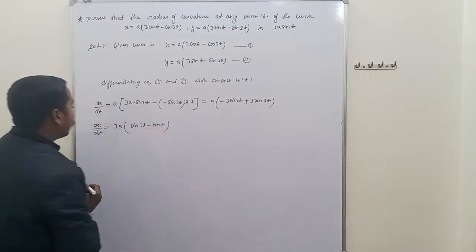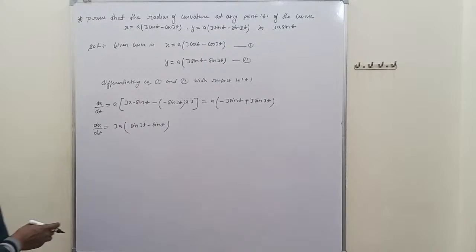This is the value of dx upon dt, and further we have to differentiate equation 2 with respect to t.